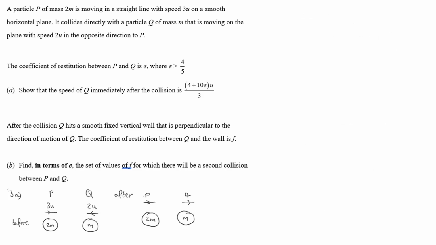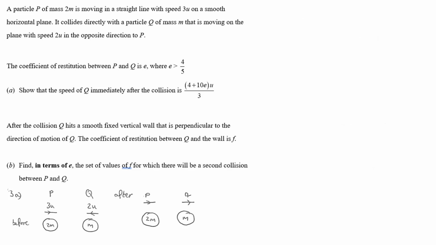And then it says, after the collision, q hits a smooth fixed vertical wall that is perpendicular to the direction of motion of q. The coefficient of restitution between q and the wall is f.